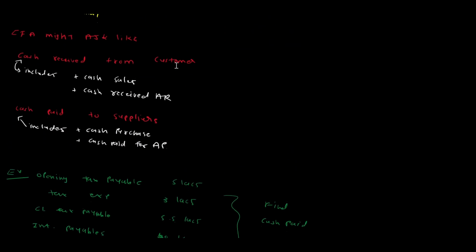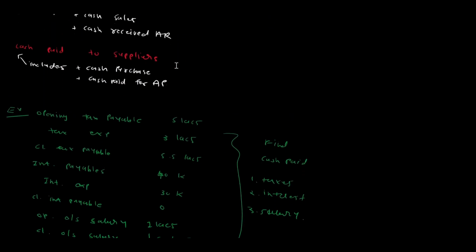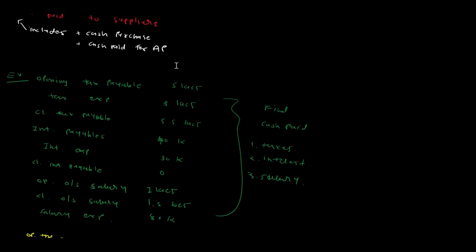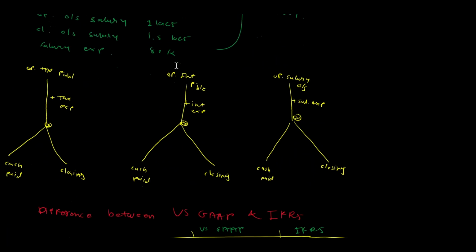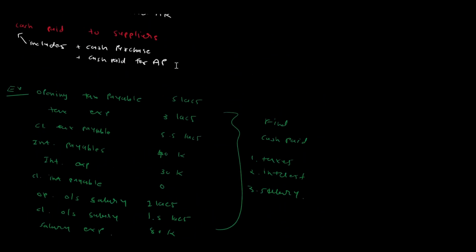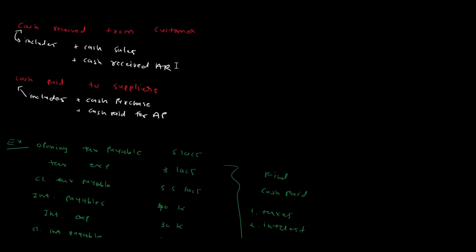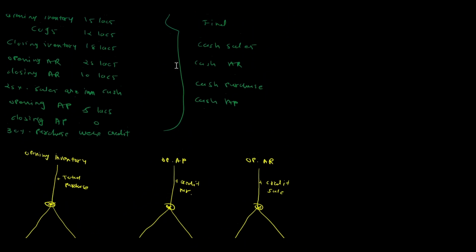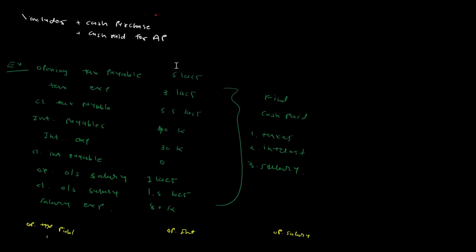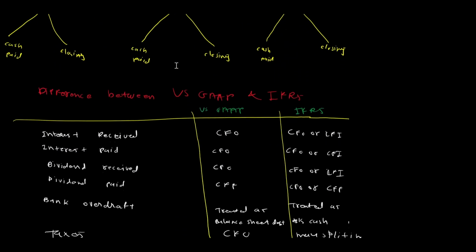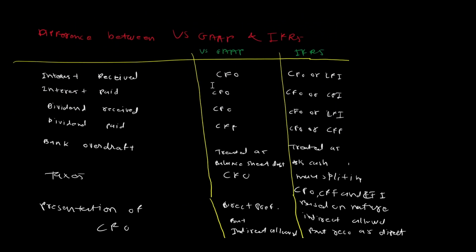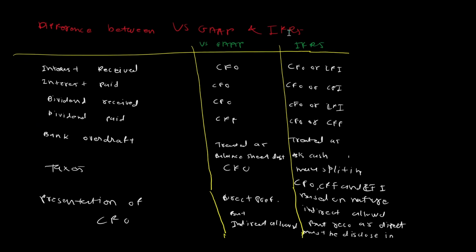I will make another part to explain some examples in relation to the exam, how CFA exams will ask questions related to this cash flow statement and how you can solve them with a shortcut method.